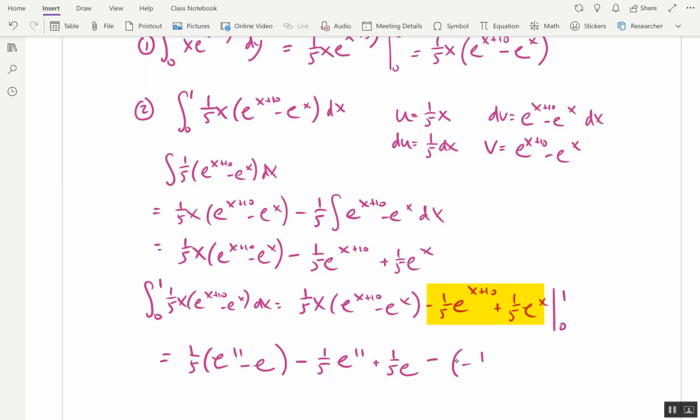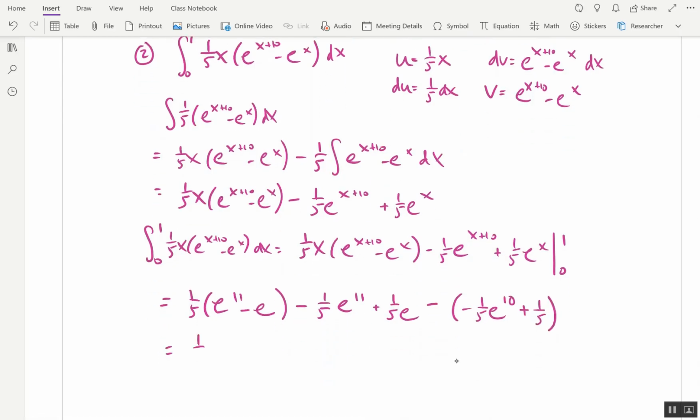I'll get negative 1/5 e to the 10 plus 1/5. Okay, so now a lot of stuff's going to cancel. 1/5 e to the 11 minus 1/5 e minus 1/5 e to the 11 plus 1/5 e. Actually, kill. So I'm getting nothing from that first part.